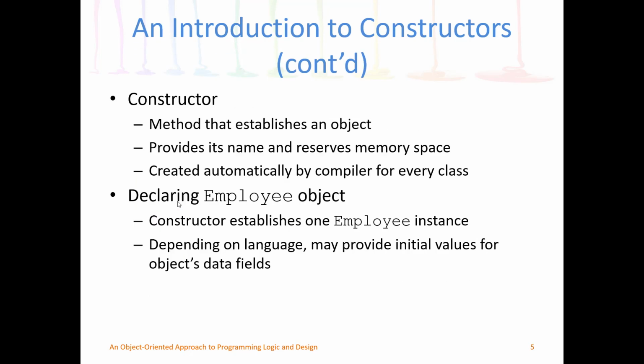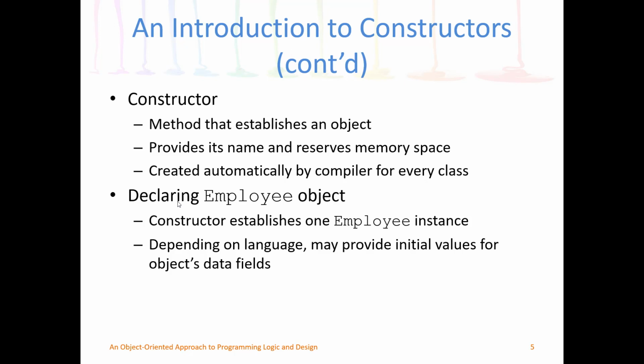Okay, going on. One of the things that we want to talk about now are called constructors. These are special types of methods. These are the methods that create, instantiate, establish, whatever word you want to use, an object.